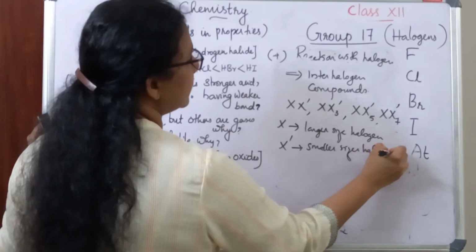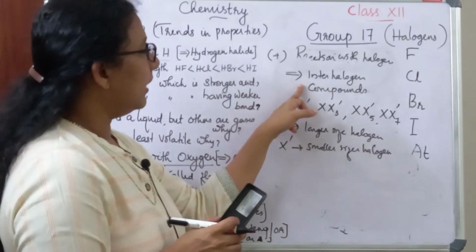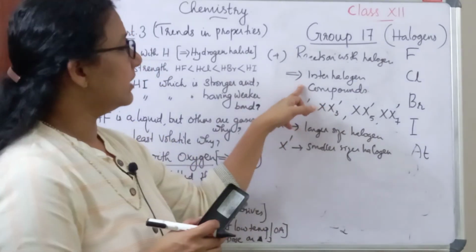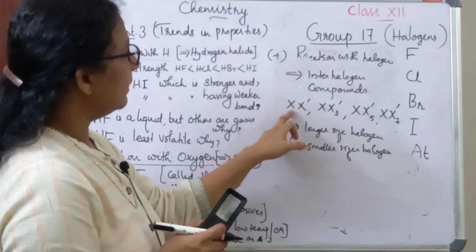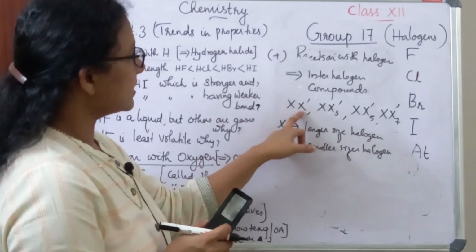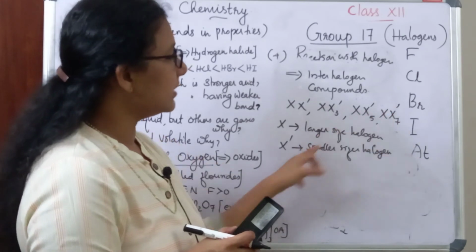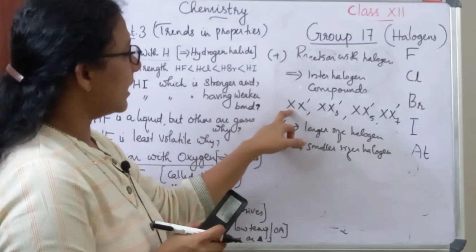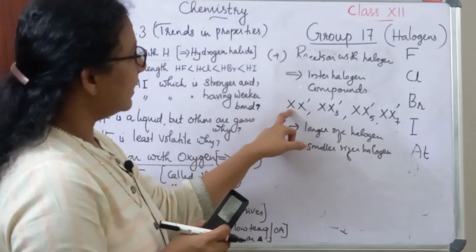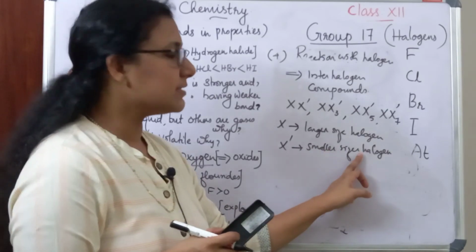So halogen atoms combine together to form another set of compounds, actually called interhalogen compounds. They may be of the type XX', XX3', XX5', XX7', etc. Here X is the larger size halogen and X' is the smaller size halogen.